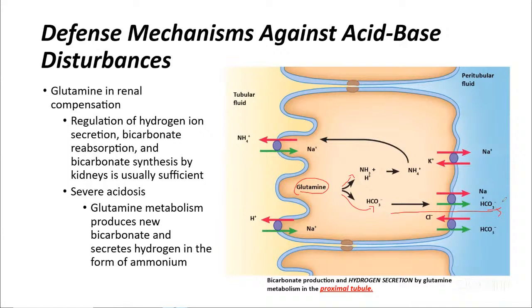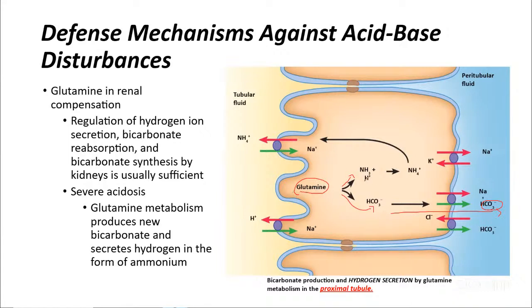All right. So all of these mechanisms that we're looking at with these directions are telling us how we would use our kidneys to compensate for probably respiratory acidosis, right? So we're trying to fix acidosis in all of these diagrams. Okay. So we're pulling more bicarbonate into our bloodstream here from a brand new source, the glutamine.